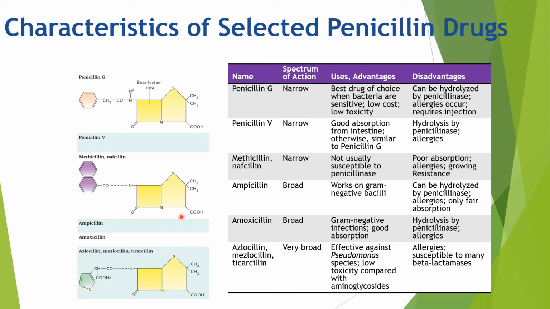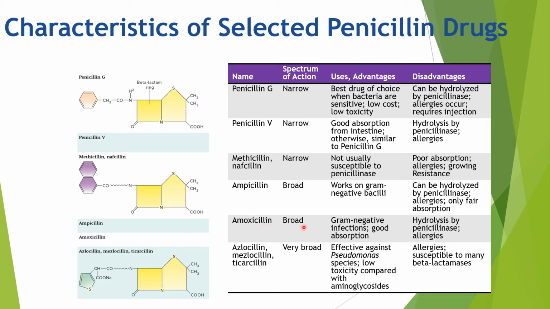But if you take a look at ampicillin, we don't have a picture of it in this table right here, but it's also going to have that beta-lactam ring. So again, one more time, if the bacteria has the enzyme penicillinase, then it's not going to be effective against that bacteria, because if the beta-lactam ring breaks down, then the penicillin, or in this case the ampicillin, is not going to work.